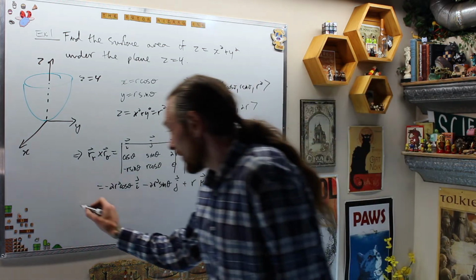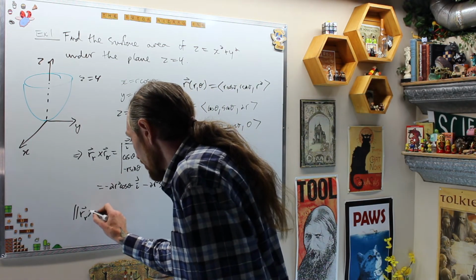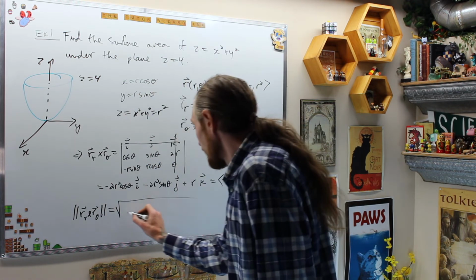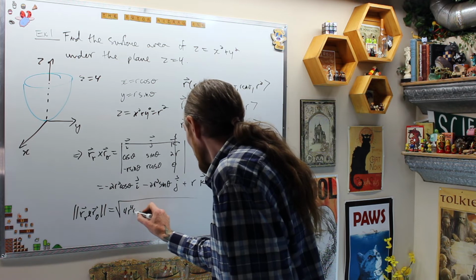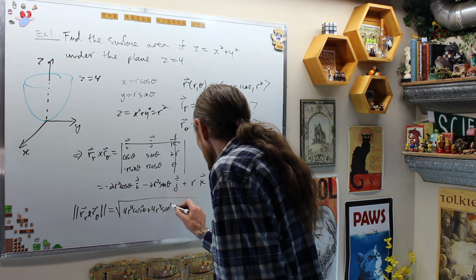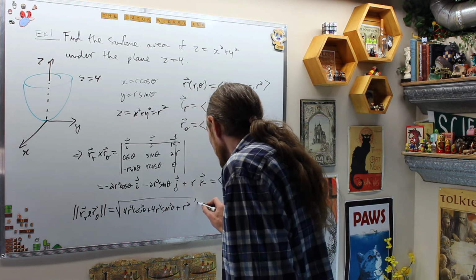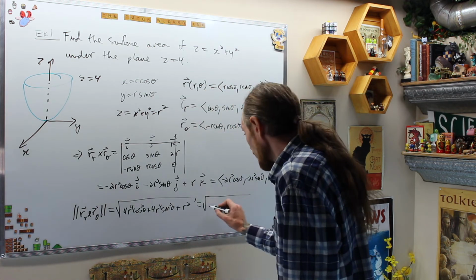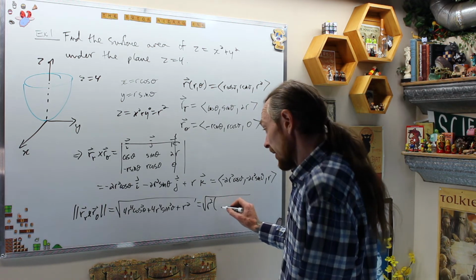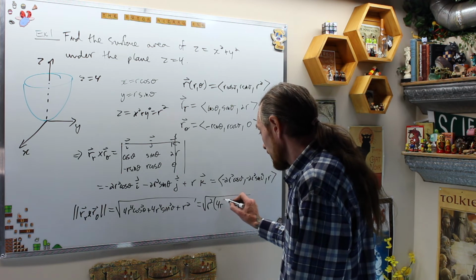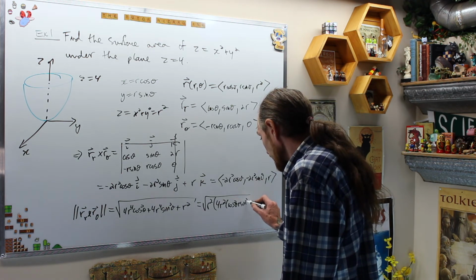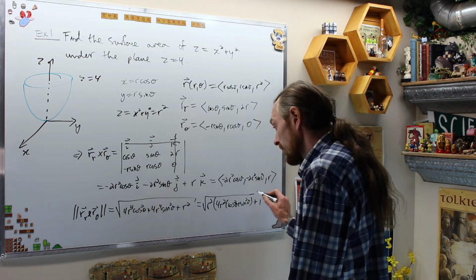Then I need the norm of that. The norm of r_r cross r_theta is equal to the square root of 4r to the 4 cos squared theta plus 4r to the 4 sine squared theta plus r squared, which is equal to the square root of, first of all, I've got r squared that I can pull out, and that's going to give me 4r squared times cos squared theta plus sine squared theta, plus 1.